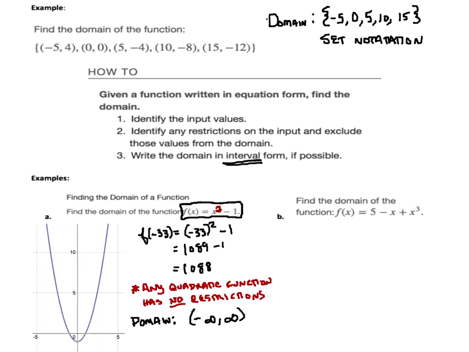So there are no restrictions in this. Basically, what this says is all real numbers are part of the domain.